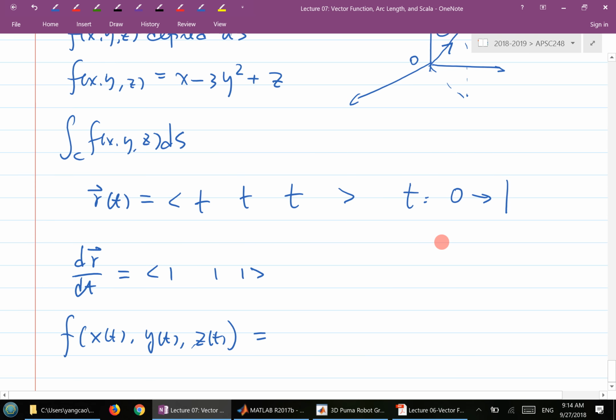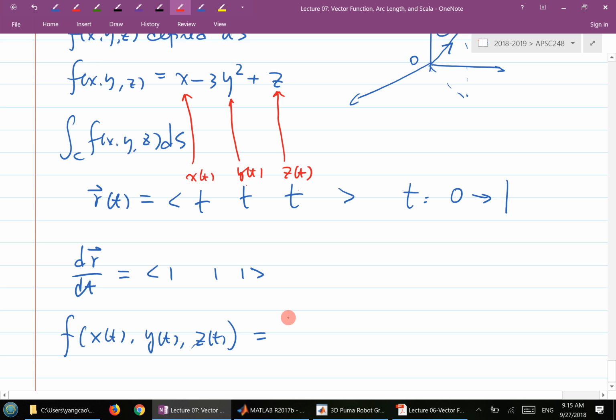So here is your x of t, y of t, and z of t. Substitution basically means you put this x of t into x here, putting the y of t into the y here, and putting the z of t into the z here.